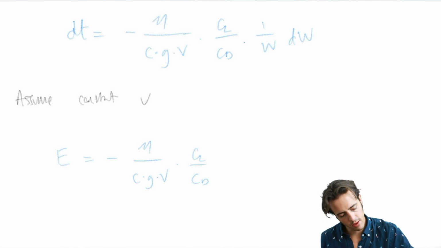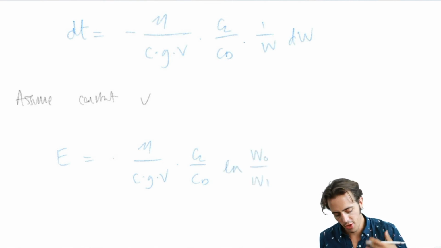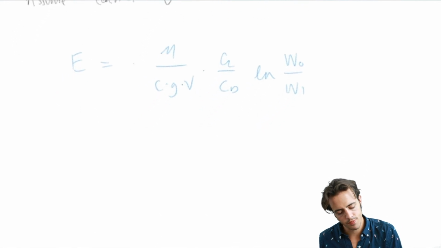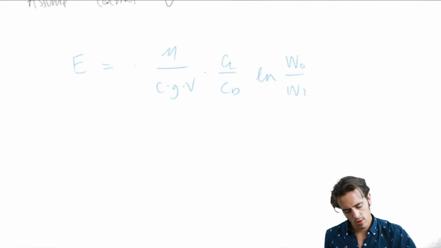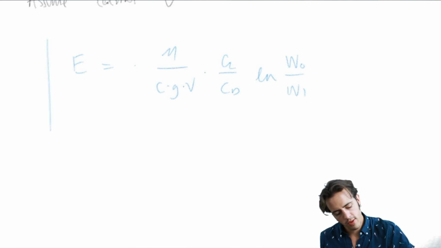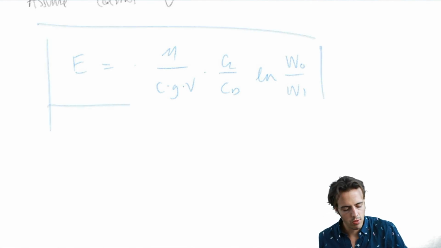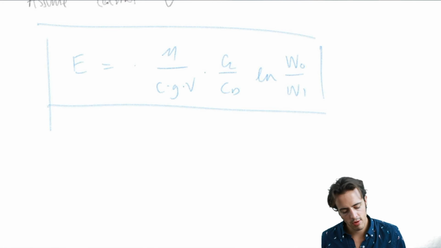And in fact I'm going to skip the integral step here and just make this the natural logarithm of W0 divided by W1, because we've done all of this already before with the exact same expression. So our endurance is given by this expression for our propeller-driven aircraft.